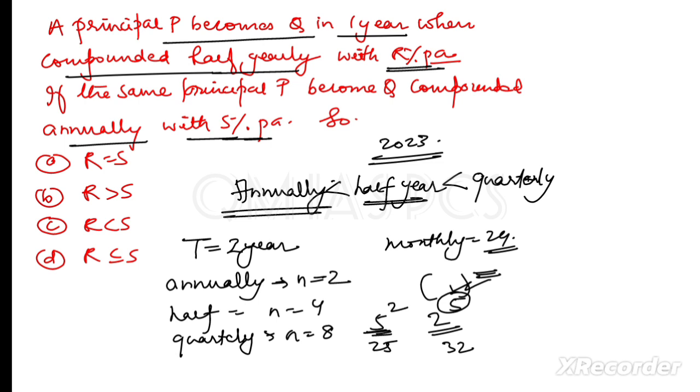Here we have to understand that we are getting the same principal in the same time period. In that case, S should be greater.